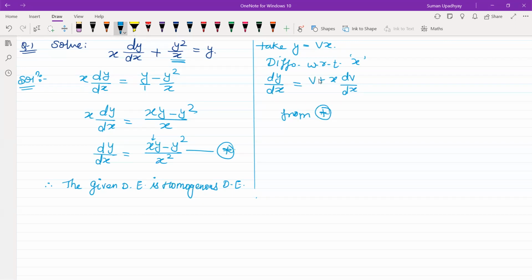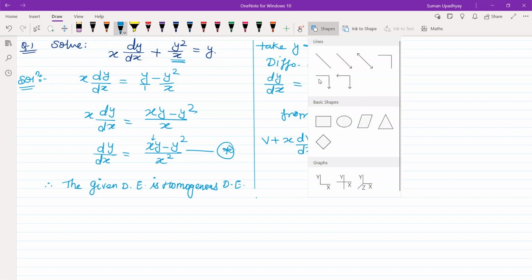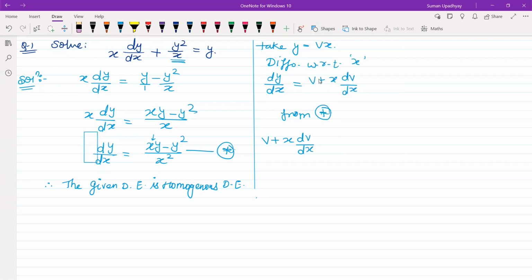From star, in place of dy by dx, I will write v plus x dv by dx. See equation number star. Is this clear?